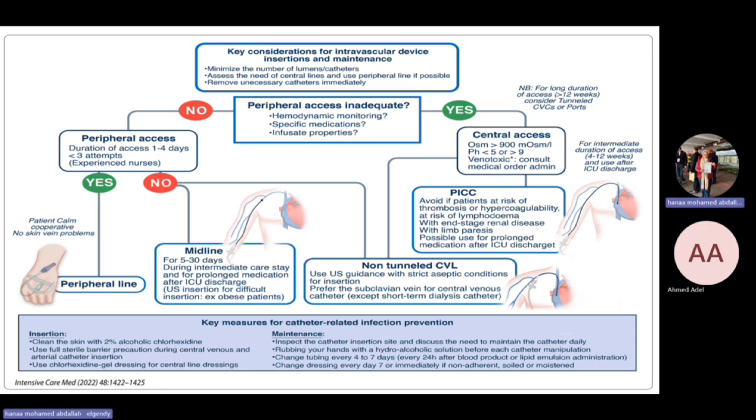If there is no risk in continuing with peripheral IV access, we can go for peripheral access under complete aseptic conditions. We can keep the peripheral access from 1 to 4 days, according to the patient's condition, if there is no sign of inflammation. Once there is a sign of infection, remove the catheter.